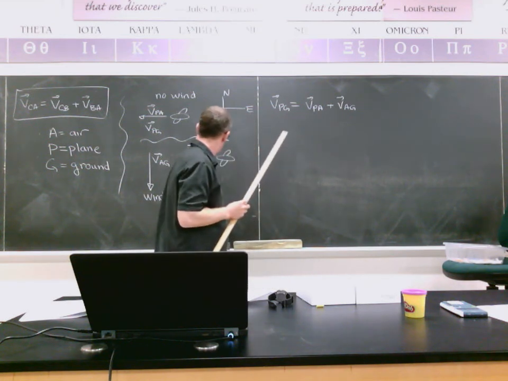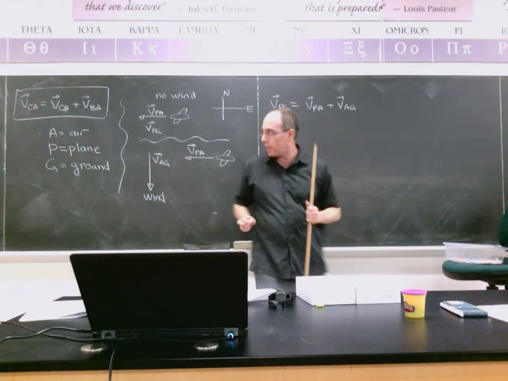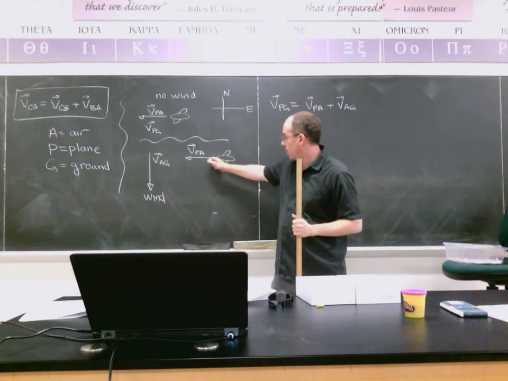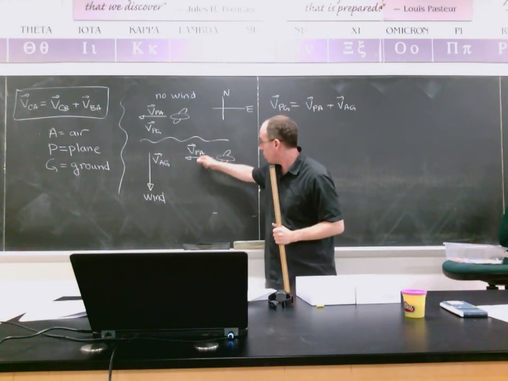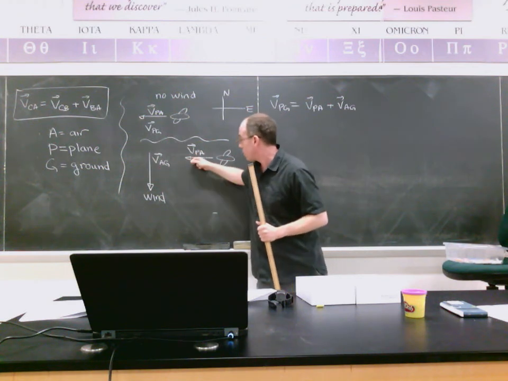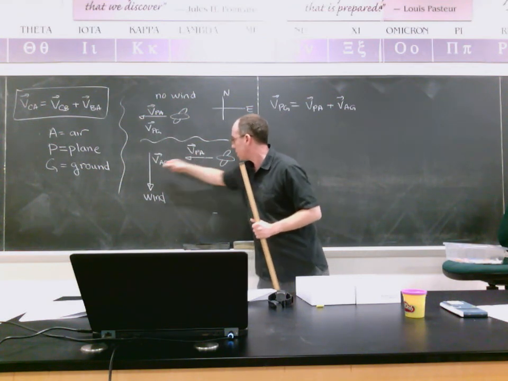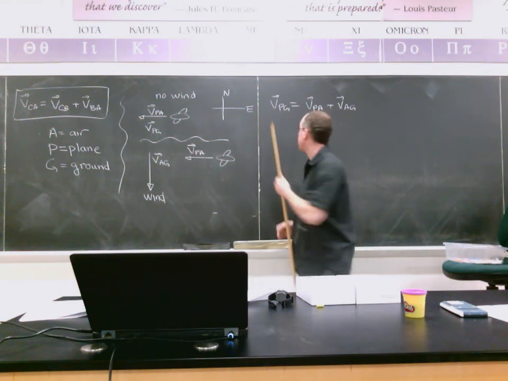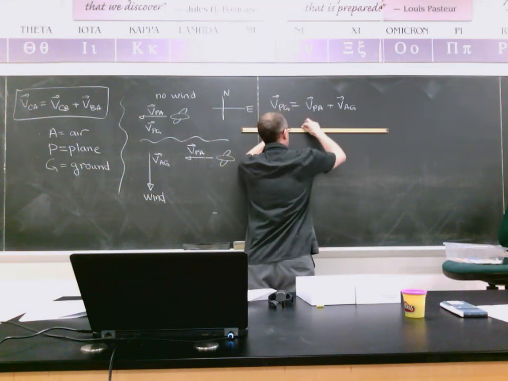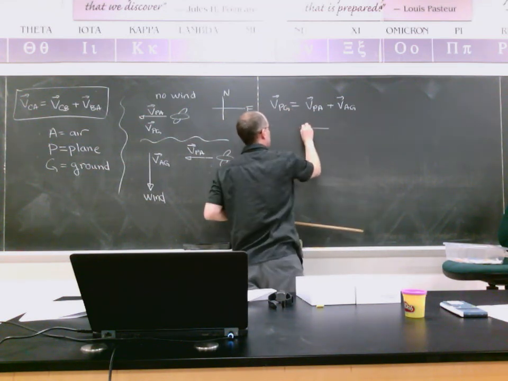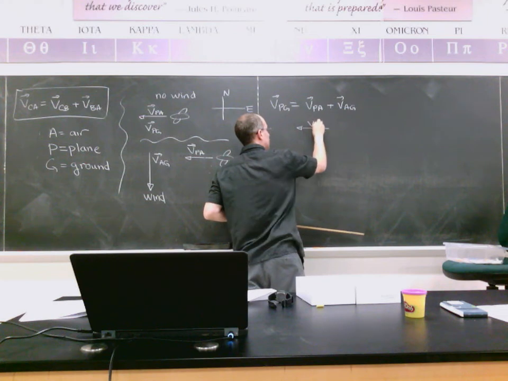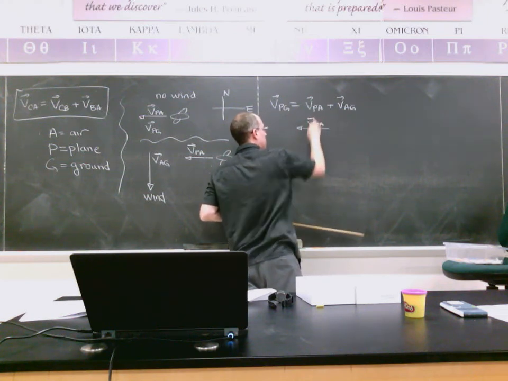So what that's telling us is if we want to find the velocity of the plane with respect to ground, we just do a vector addition of these two. Let's draw out the vector addition. We have velocity of plane with respect to air here, pointing west.